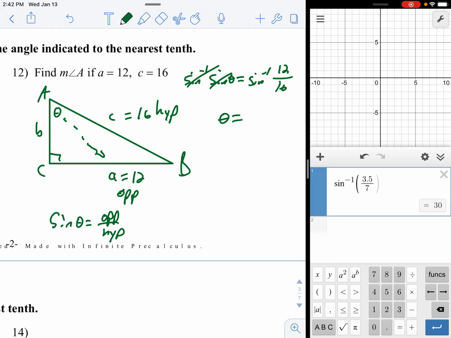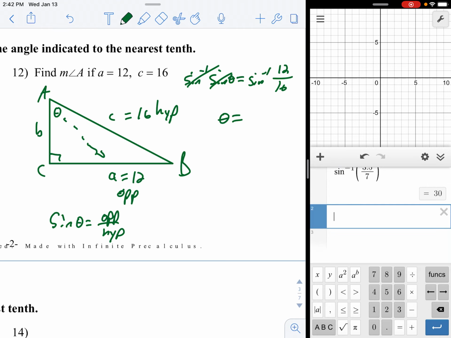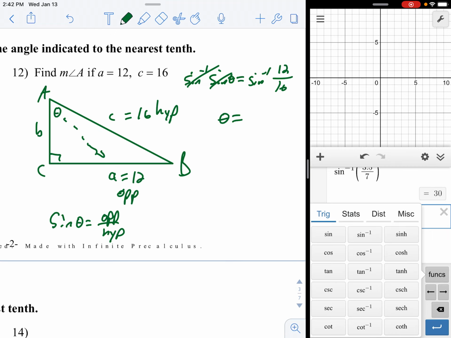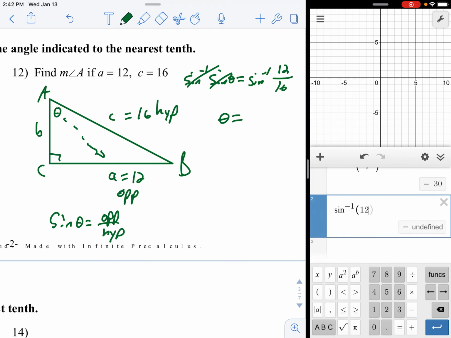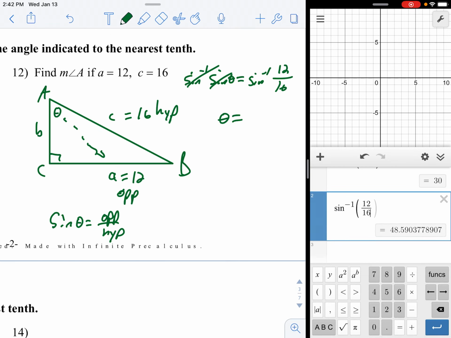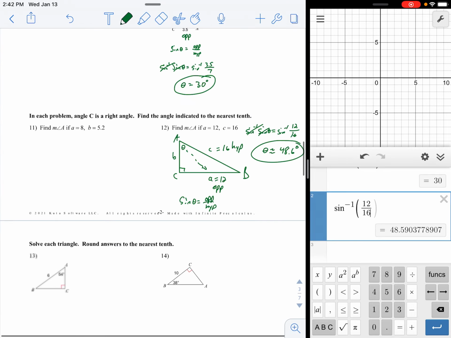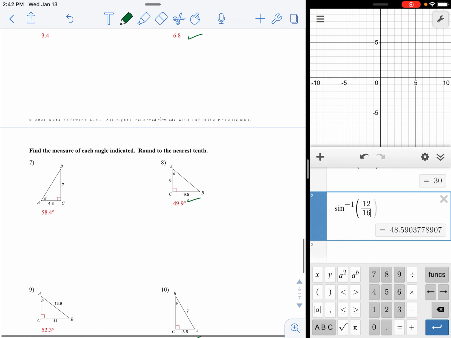Theta equals the inverse sine of 12 over 16. So let me go to functions, inverse sine, 12 over 16. And that rounds off to approximately 48.6 degrees.